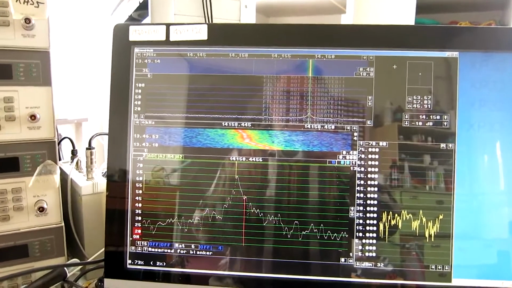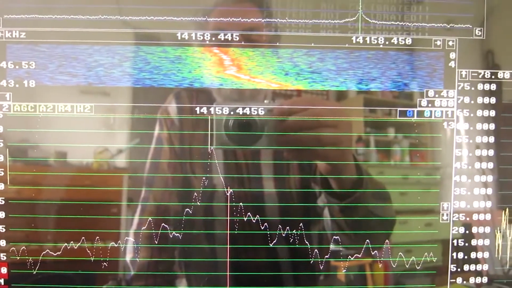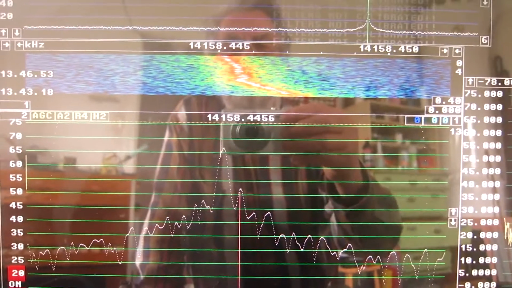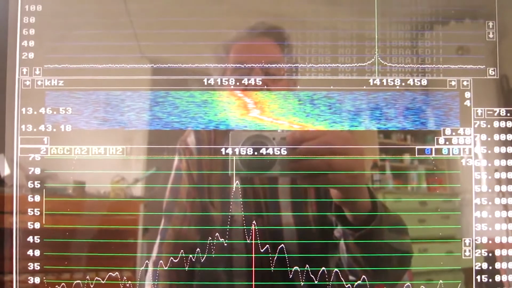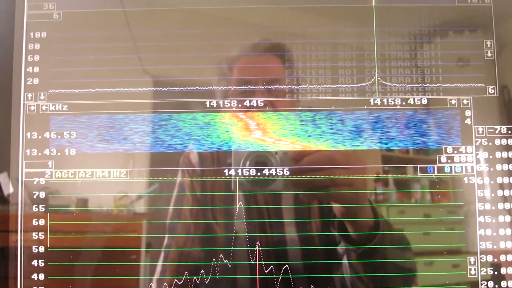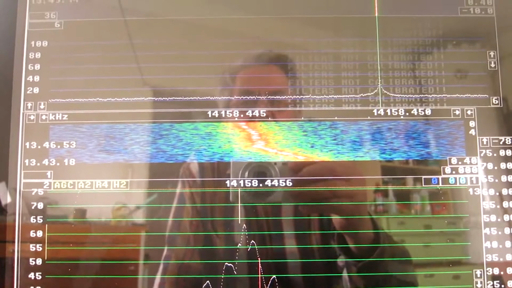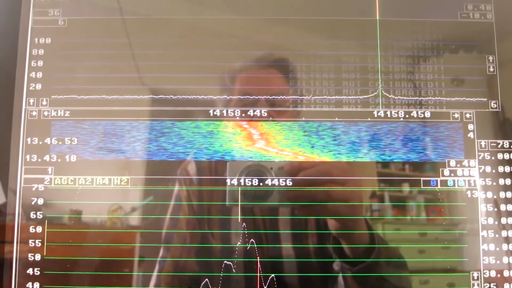Now feedback is higher, and you can see that there is a thermal stability problem. I would have to put the unit into a thermostat to get it frequency stable.